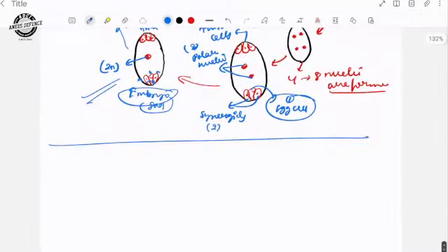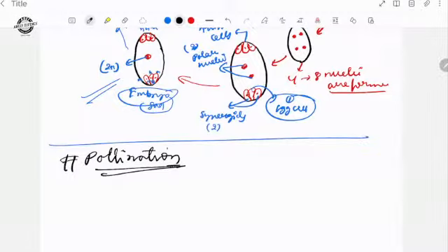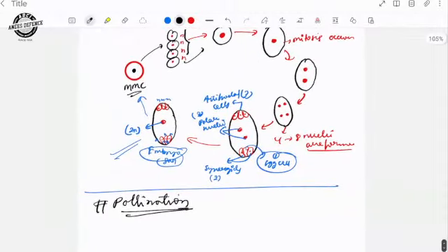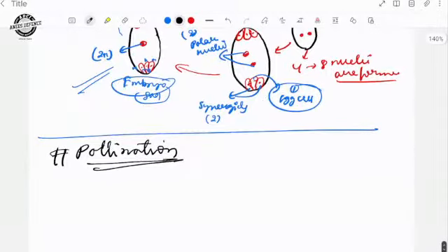See here, this is the process. Pollination is going to happen after this. After the formation of the male gametophyte and the female gametophyte, you understood how the male gametophyte develops and how the female gametophyte occurs. After the female gametophyte is completely developed, the next step is pollination, which occurs through different modes: insects, winds, and water.